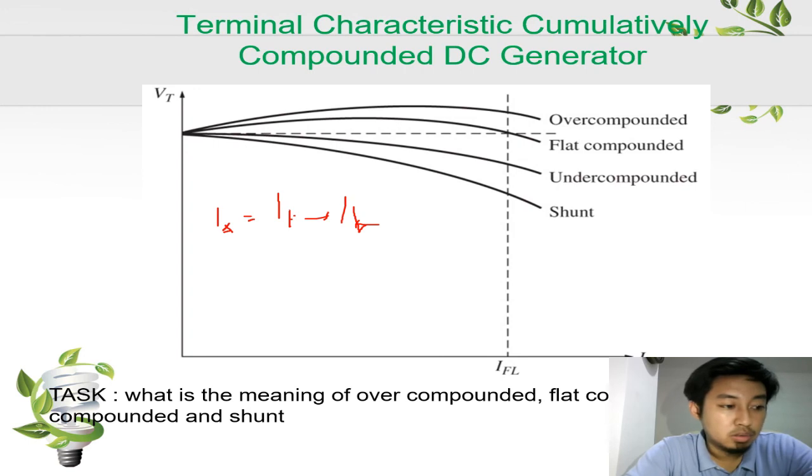So since IL is increased, the armature current IA will be increased. So it is easy, the normal equation.